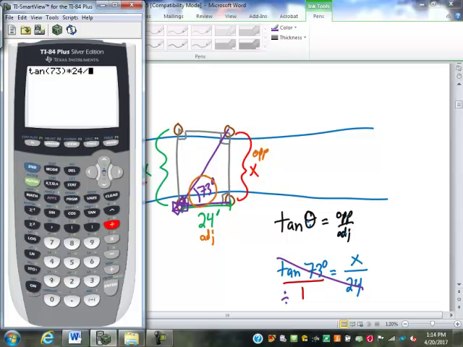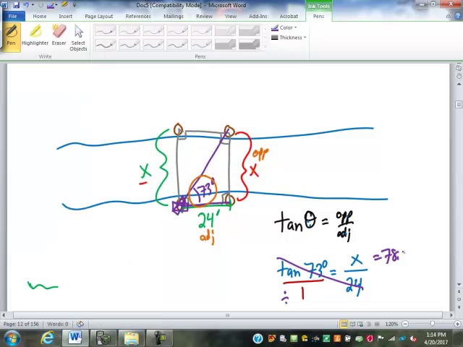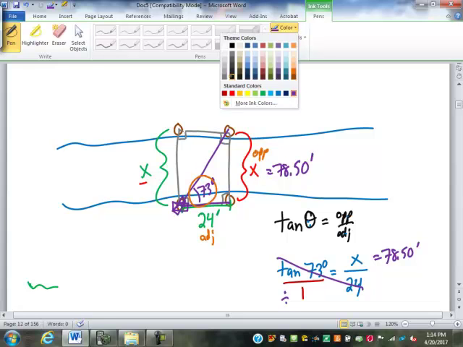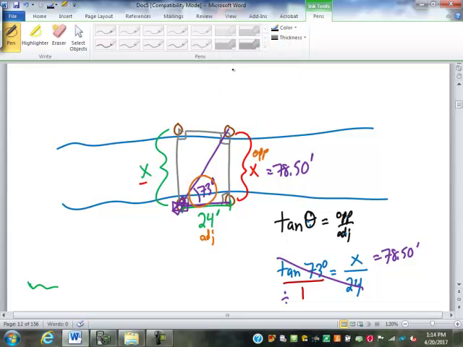That gives 78.50. So x here is 78.50 feet. Make sense? 78.5.